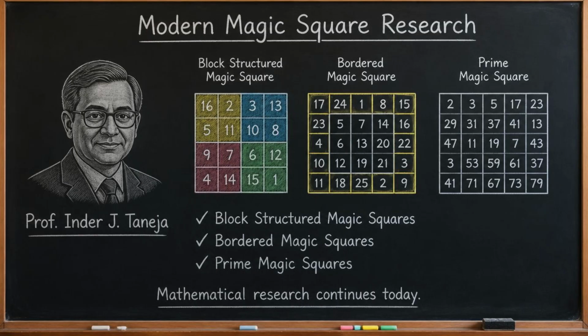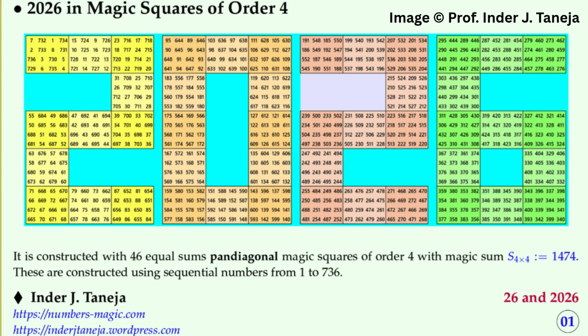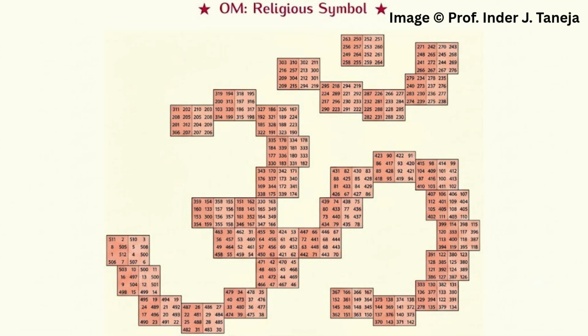Topics like block structured magic squares, bordered magic squares, and prime magic squares are examples of different approaches studied in this field. But all these studies are not just about arranging numbers. They represent a bigger mathematical idea: taking a concept, understanding its structure, and using the same idea to create something more complex.